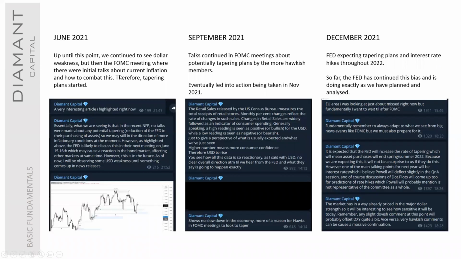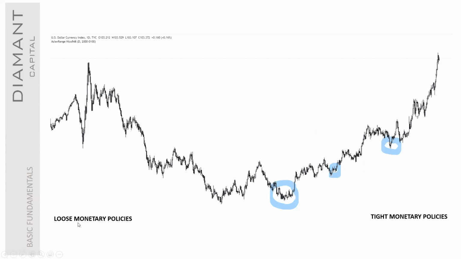In June 2021, there was an FOMC meeting where we had initial talks about inflation and how to combat it. They were understanding the problems caused by loose monetary policies. With loose monetary policies, there's so much money and capital in the market and in the economy that it's going to lead to higher inflation, right?